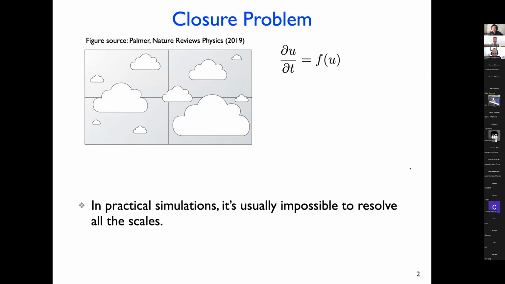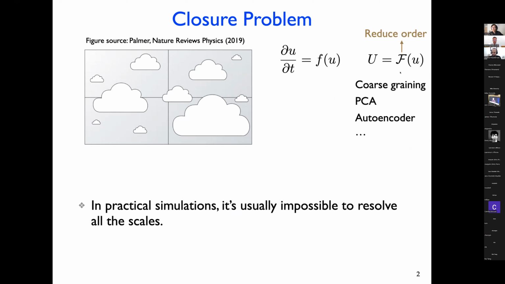So to briefly introduce the closure problem, let's imagine that we have a dynamical system in general form. In many applications, we cannot afford to use numerical simulations to simulate every detail of the original state, the small u. A common practice is to introduce some reduced order state, such as using coarse-graining, principal component analysis, or more recently using autoencoders.